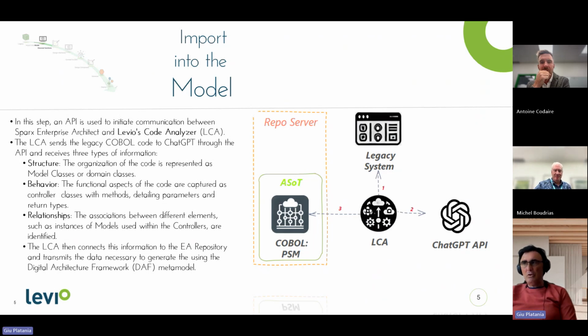Conceptually, we could do any kind of asset, but when you work with a certain type of asset, you need to understand what it is that you send, not only for ChatGPT, but also for the other part that is making sense of it. For example, what we are doing here is looking for structure, behavior, and relationships.